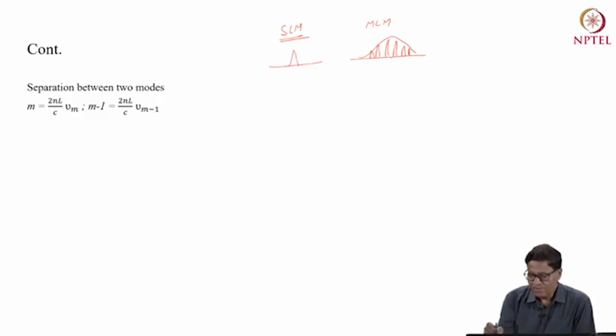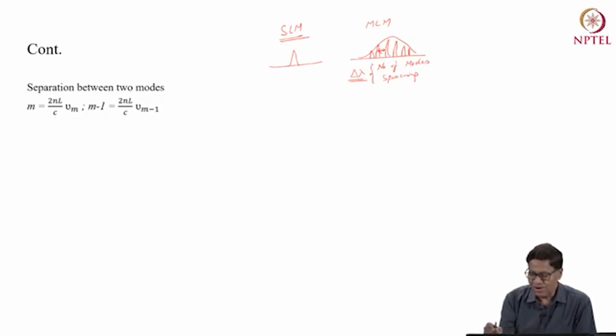If I want to find the spacing between these modes, and I know the spacing and the number of modes, then I can find the delta lambda, or the spectral width of the laser diode.